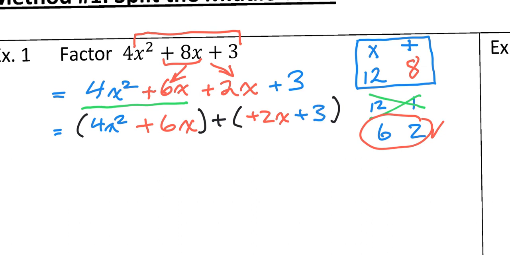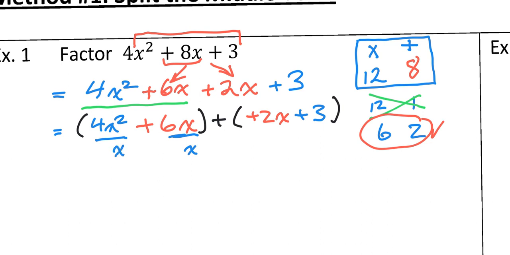Now, we can leave it like that, and then we look to see if anything in the first bracket can be divided out. In the first bracket, you'll notice that both of these terms, 4x squared and 6x, can both have an x in them. I tend to write an x underneath for both of them.